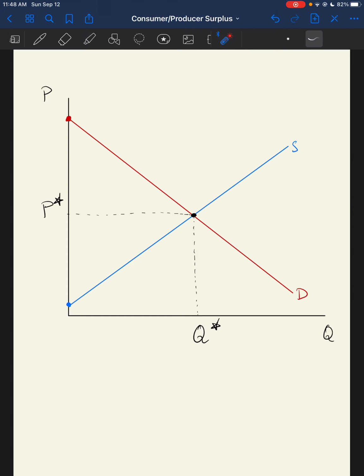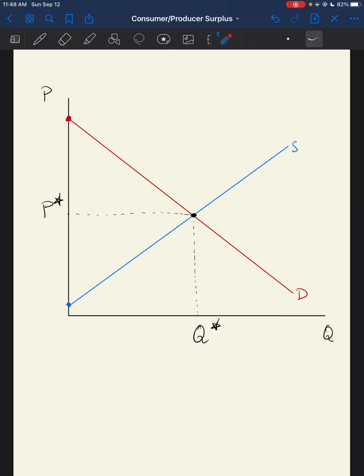Okay, so consumer surplus specifically is the difference between the highest price that a consumer is willing to pay for a good or service and the actual price that the consumer pays, right? Likewise, the producer surplus is the difference between the lowest price that a firm would be willing to accept for some good or service that they are selling and the price that they actually receive.